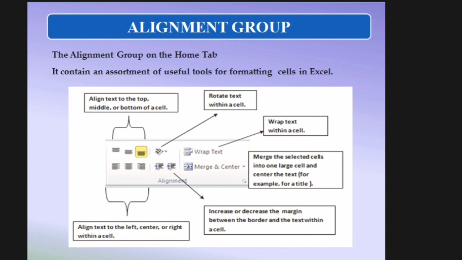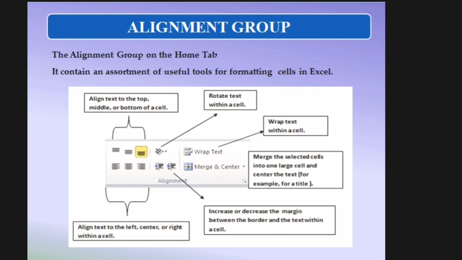Just choose this option and apply it. If you want to increase or decrease the margin between the border and text within a cell, you can apply it. So these are very important tools if you want to change the formatting of a worksheet.